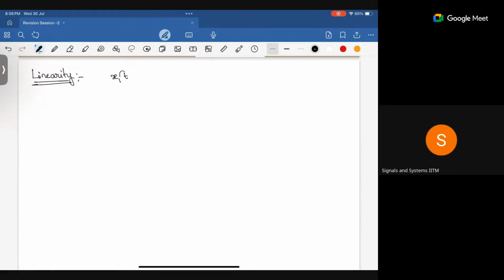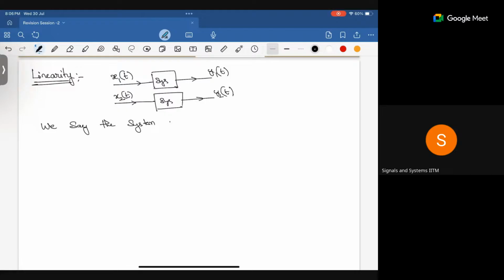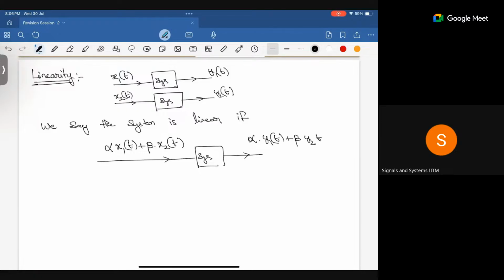When I input x1 of t to the system and get an output y1 of t, and I input another input x2 of t, which is not equal to x1 of t, to the same system and get y2 of t, we say the system is linear if I send the linear combination of these two signals, alpha times x1 of t plus beta times x2 of t, as an input to the system, and my output is also alpha times y1 of t plus beta times y2 of t.